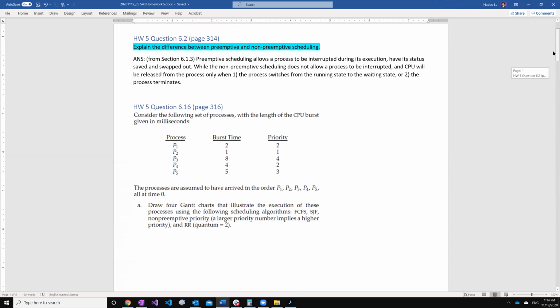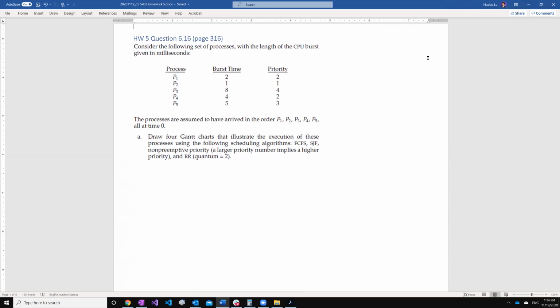Now, guys, for question number 5, I will not run a poll, but if you think I should go over this question, homework number 5, question 6.16, please let me know in the chat. If you say yes, please go over this question, and I will comply.